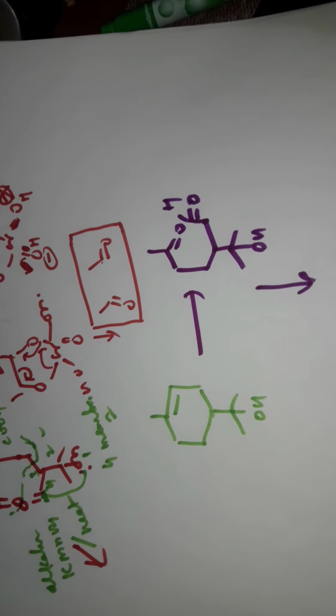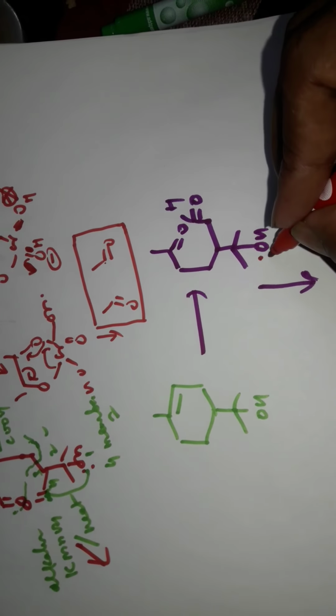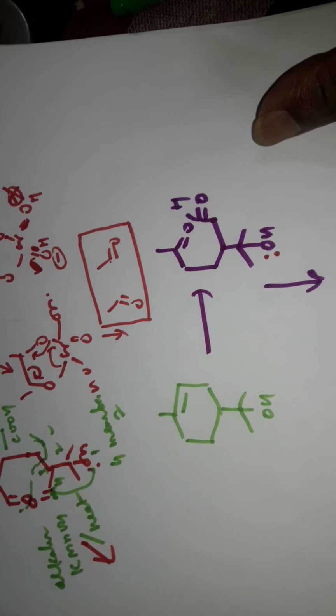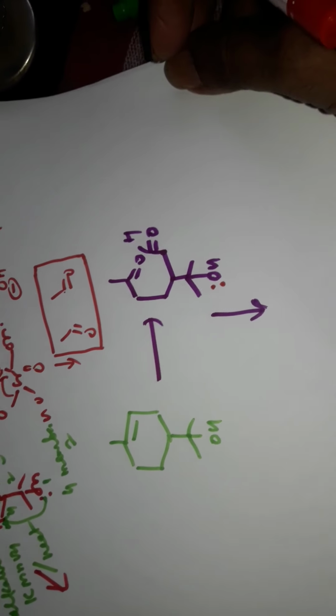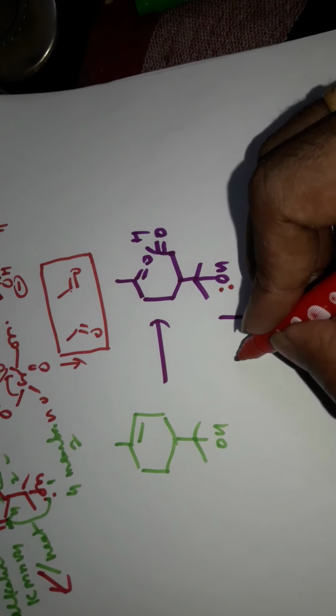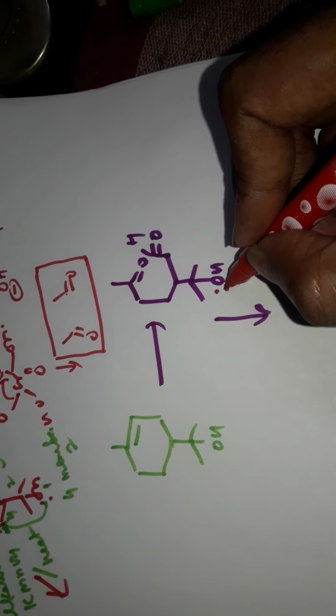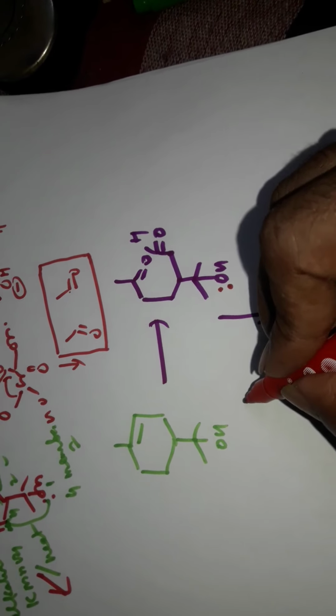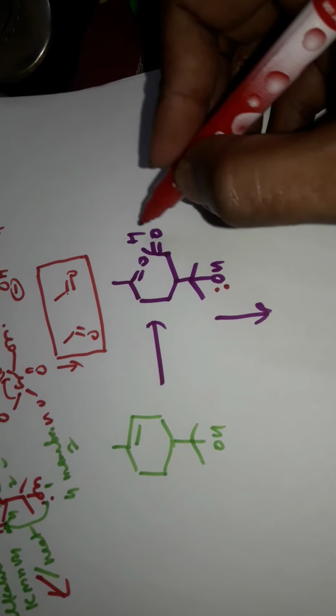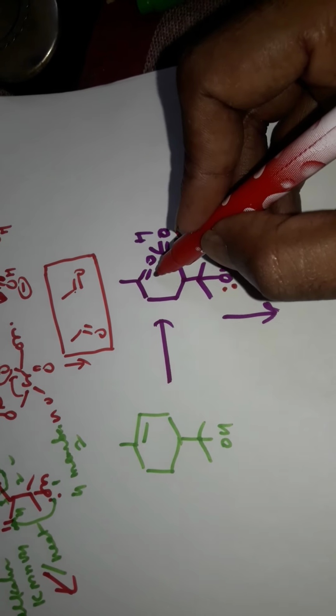After that, if you add KMnO4, there are two sides, one and the other.